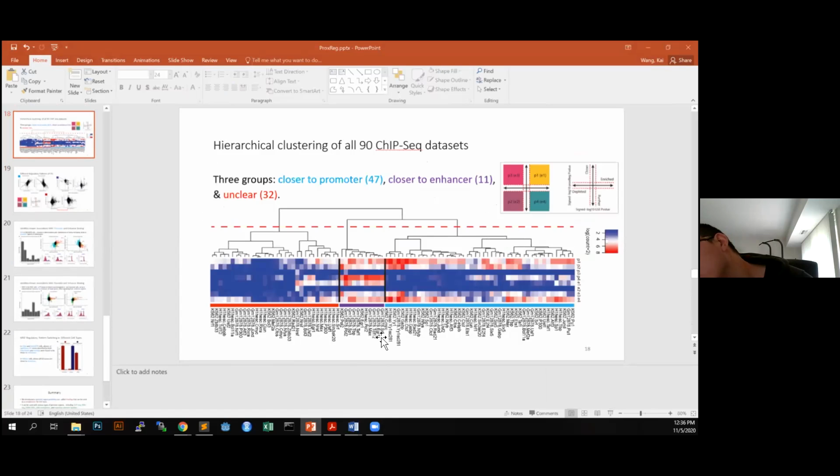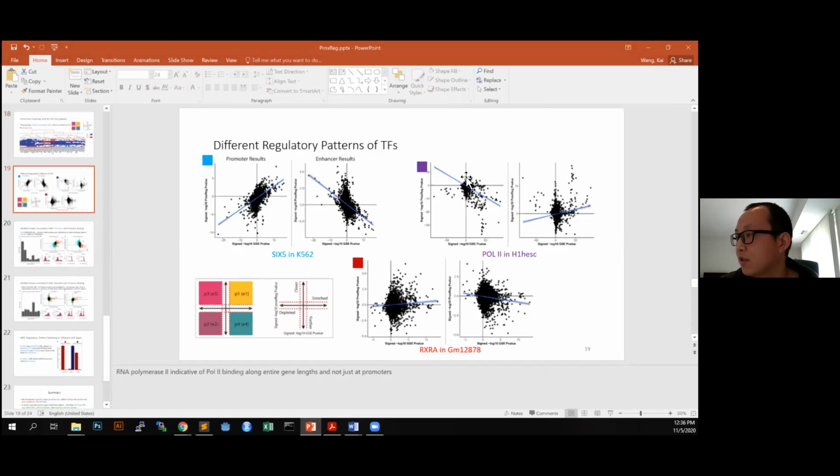For pole 2, I think one is here, one is here, one is here. Yeah, all of them. For pole 2, all of them in the 3 different cell lines are located in this region, which means they all have a pattern like this.